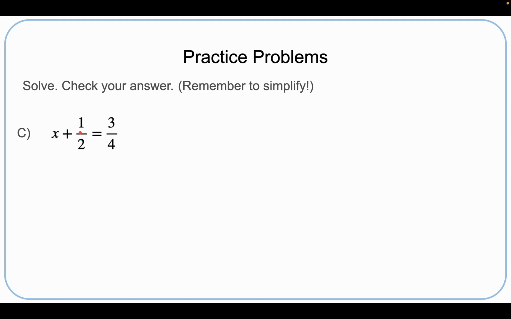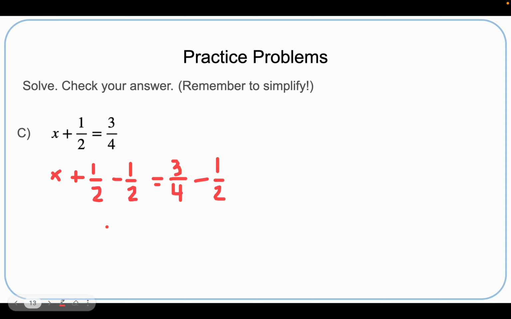Next one, x plus 1/2 equals 3/4. So we want to subtract 1/2 from both sides. So then on our right side, we have 3/4 minus 1/2.